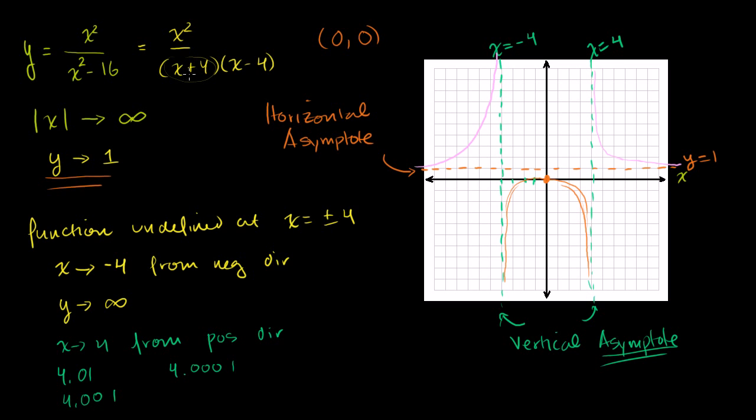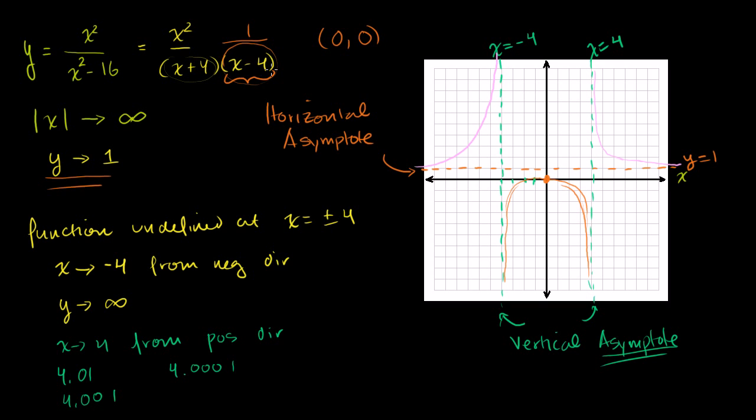Let's say you get closer and closer to 4. Either way, as you get closer and closer to 4, this is going to become a smaller and smaller number, because this is the difference between x and 4. So if this is becoming a smaller and smaller number, then when you take 1 over that, you can essentially view this as x squared over x plus 4 times 1 over x minus 4.